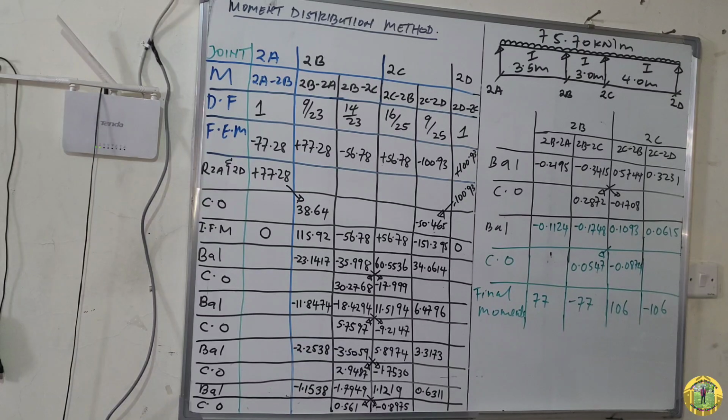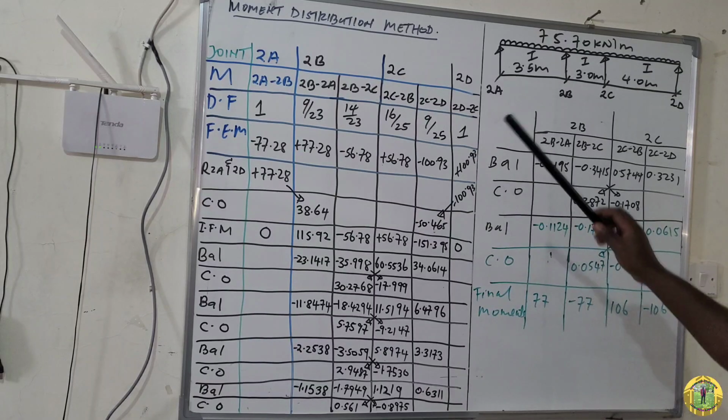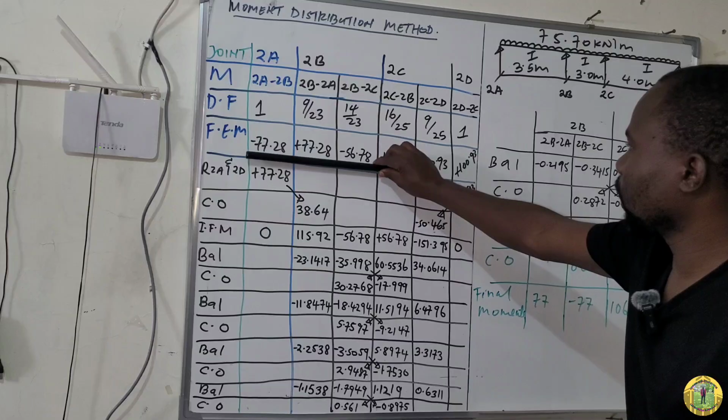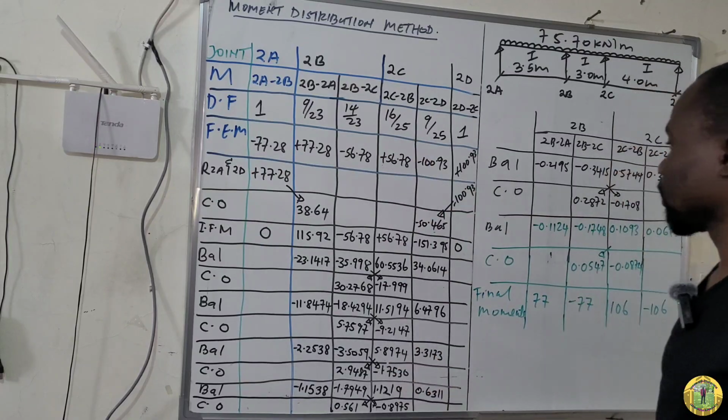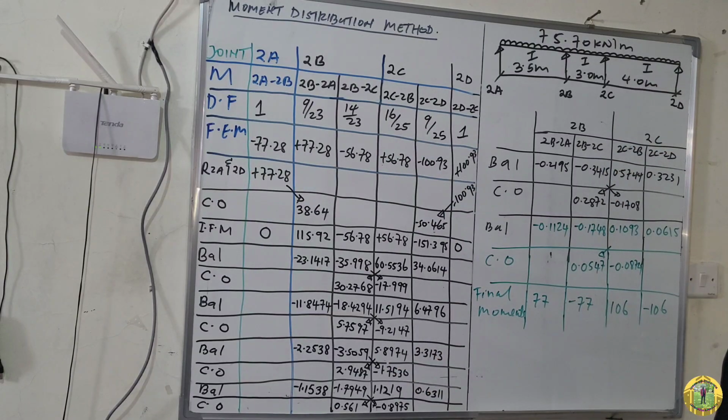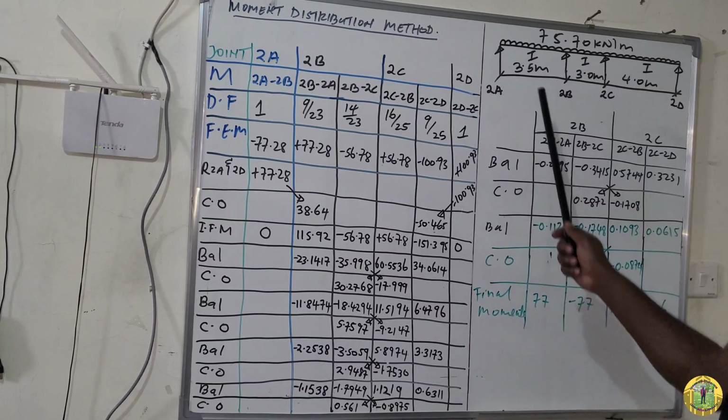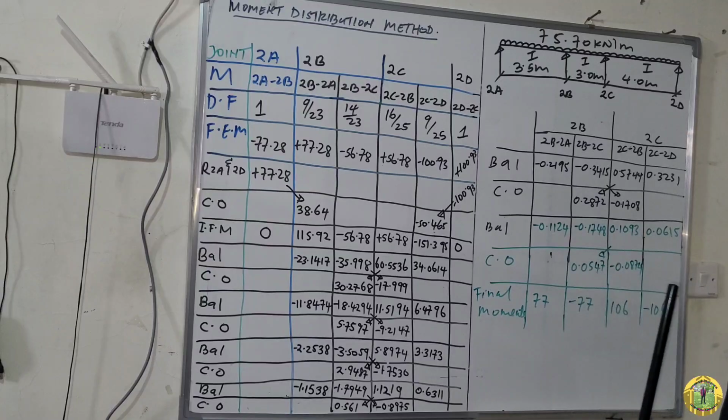And then after that, we now start working on the values. From here to this, we are now calculating our moment. The first step to do is to check whether your end support is either fixed, simply supported, or overhanging.